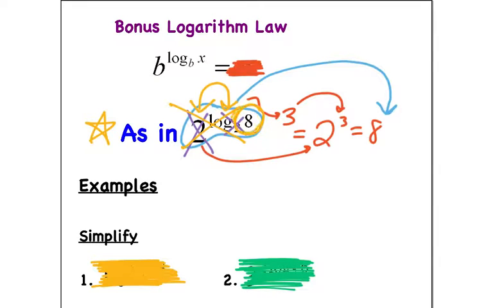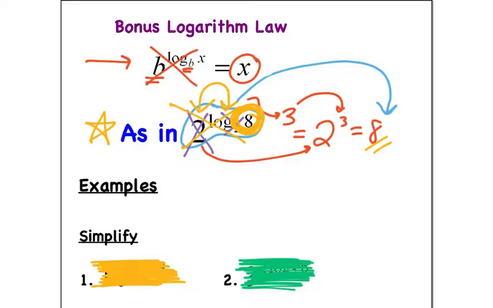Everything cancels beautifully and we're just left with whatever was inside the log up there. And that is true. So this log law up here is like a bonus one, log law number 5. If you have a base and you're exponentially raising it to a log with the same base, those are opposites of each other. They cancel each other out, and you're just left with x. You're just left with whatever was inside of your logarithm.